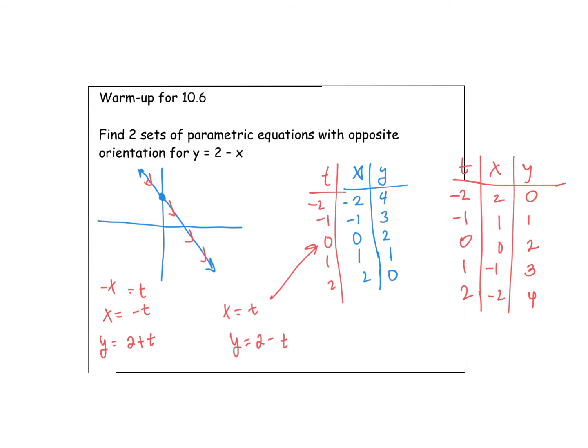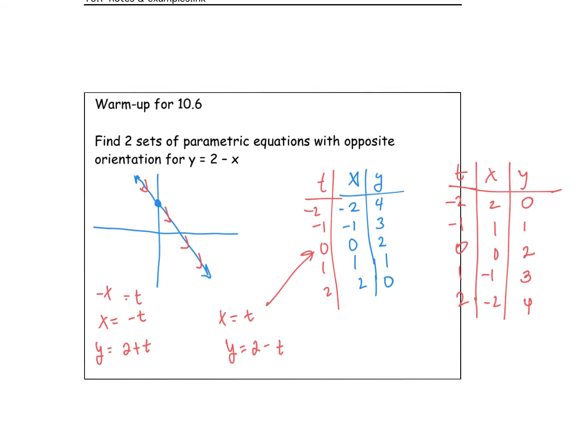So it's not that I end up with different ordered pairs, but now it's saying as t is -2, I move across, like the first point that I plot would be this positive 2, 0.